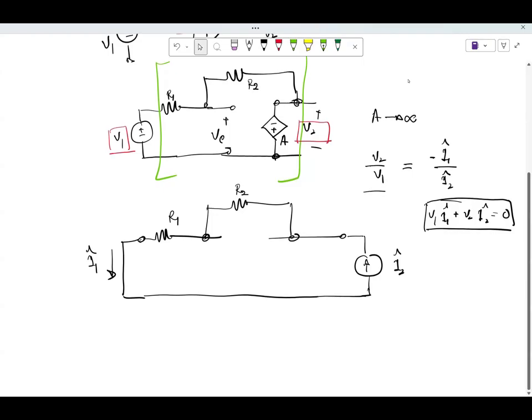That is an adjustment you have to make when you are applying V1 and observing V2; in the reciprocal network, you are applying I2 hat and observing I1 hat. Okay. So that is number one.